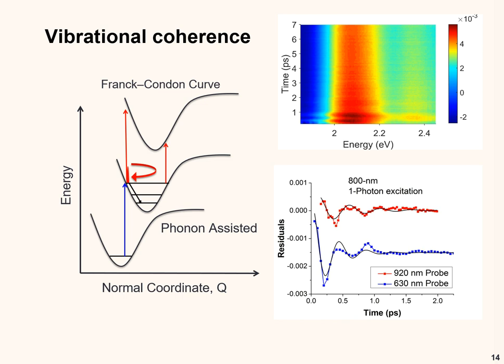Instead, we saw a very interesting phenomenon called vibrational coherence. If we detect at different wavelengths, we find there's a pi phase shift. This can be explained by the Franck-Condon picture.